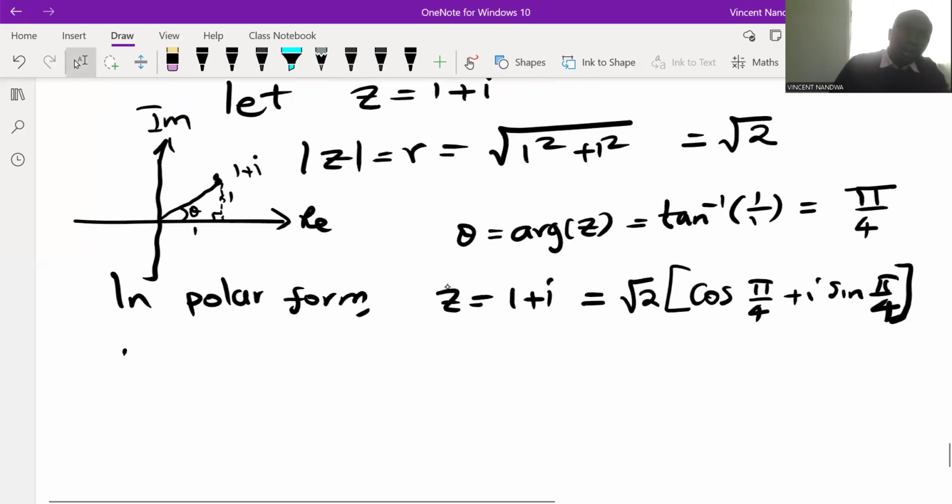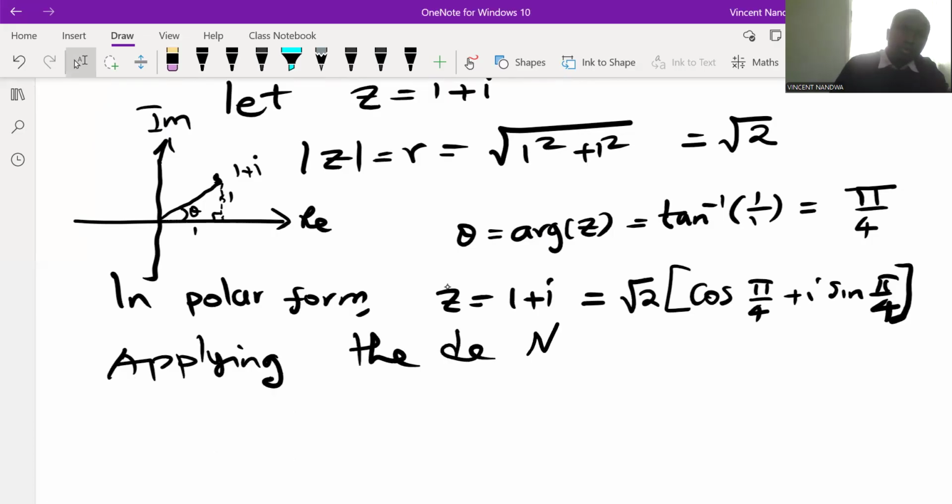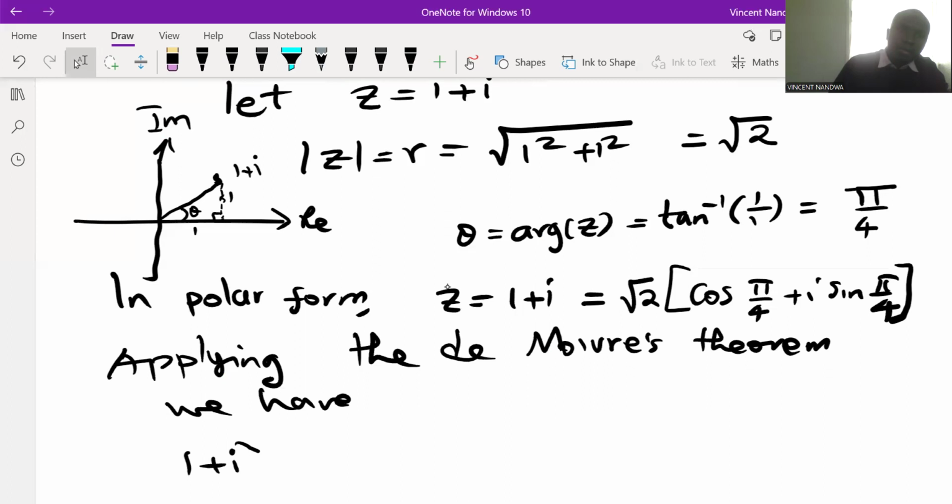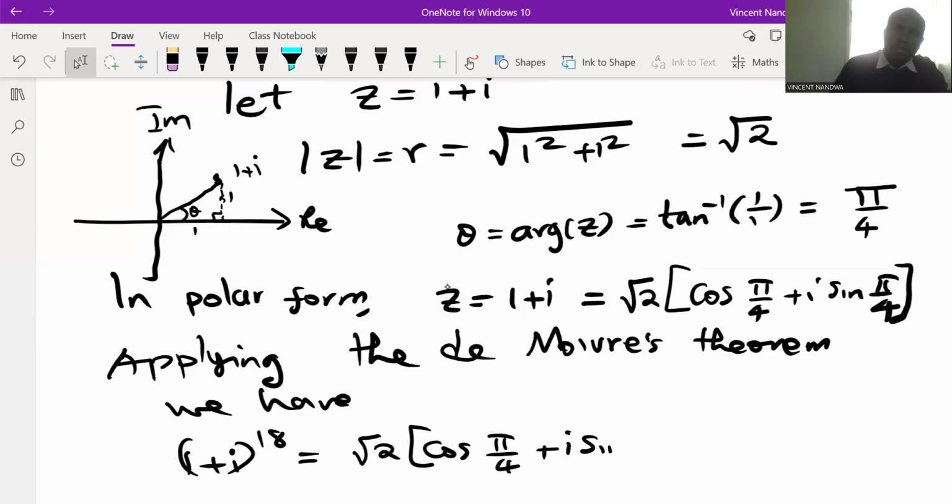Then applying the Moivre's theorem, we have 1 plus I power 18, the same as root 2 into cos pi over 4 plus I sine pi over 4.